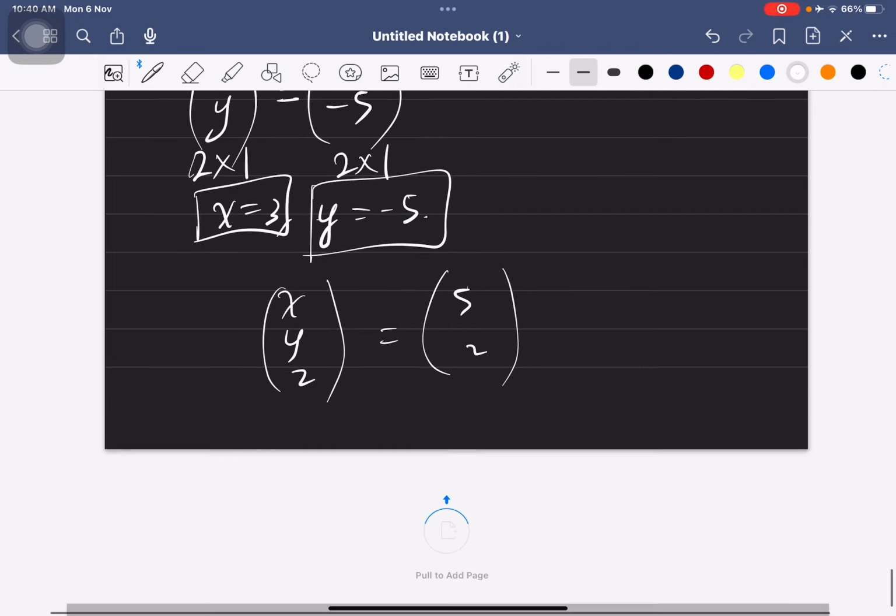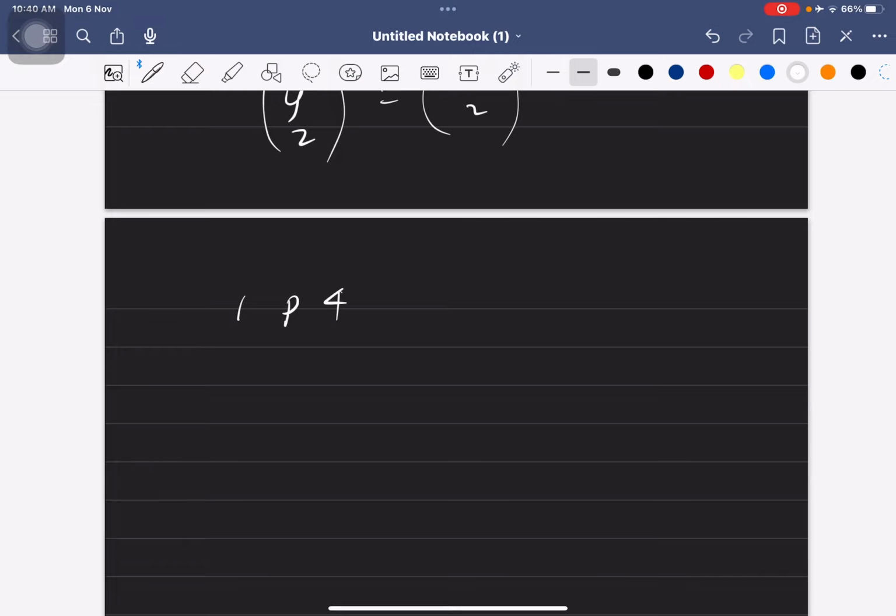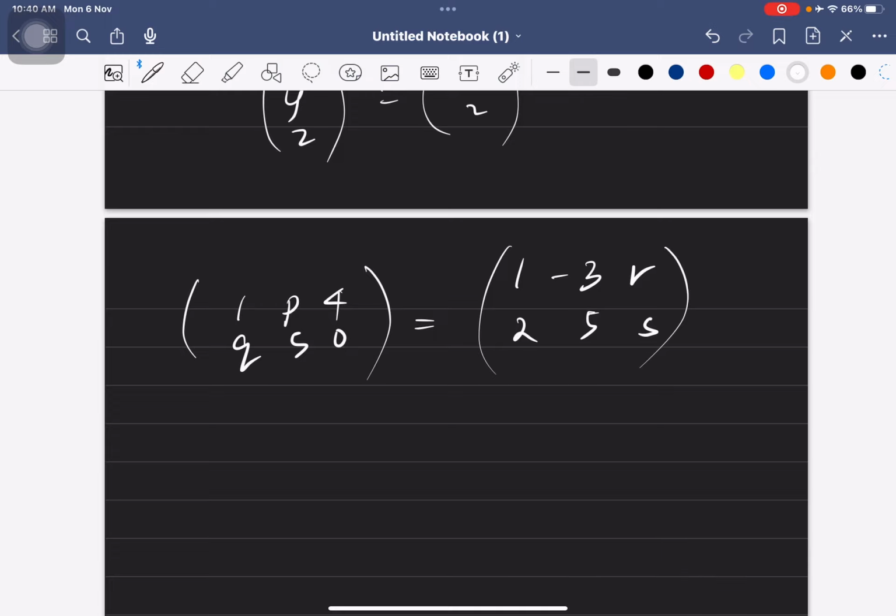So, for example, [1, p; 4, q; 5, 0] is equal to [1, negative 3; r, 2; 5, s]. If we compare, we can say that p is equivalent to negative 3, so p is negative 3.